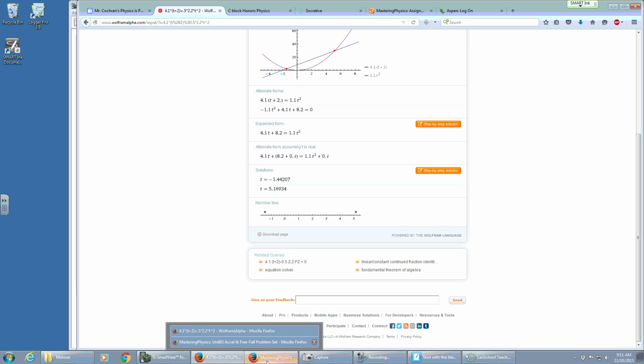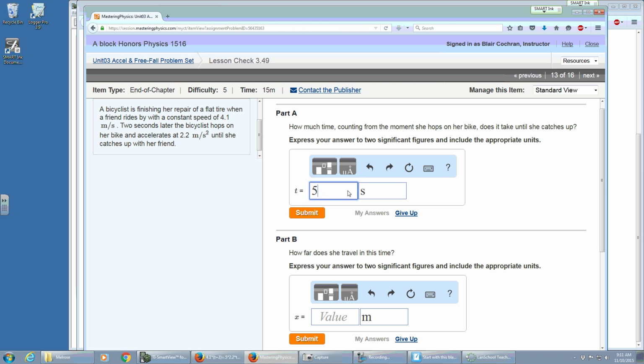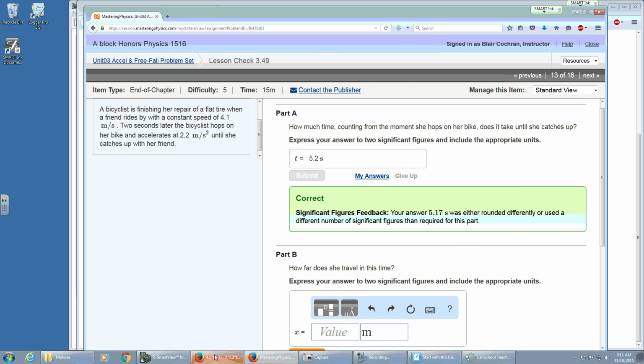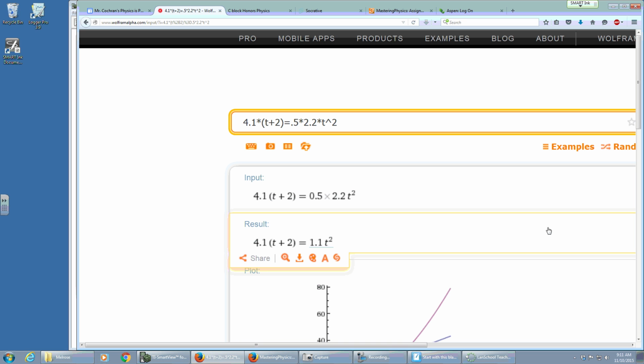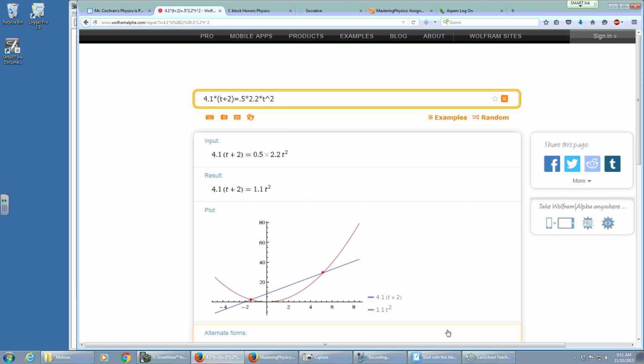Let's see if that's right. I use t rather than t sub e. Yep. It's a window, so you can bring it up partially.